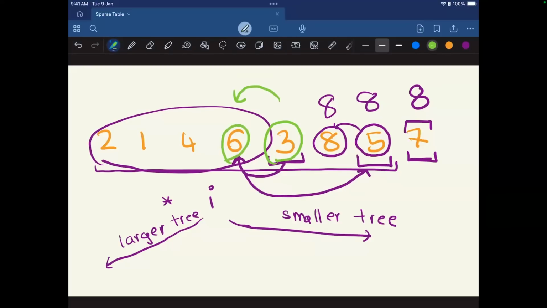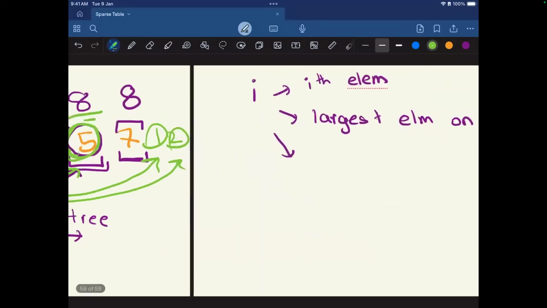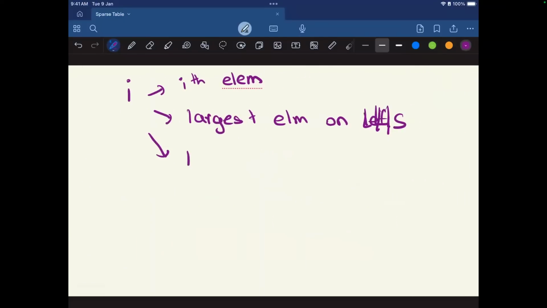Then, let's say there was a 1 here, a 2 here, and so forth. We checked for all possible values that are smaller than 6. We have 5, we have 1, we have 2. What is the maximum possible answer we can have? So guys, for 6, we could have gone to 5. And for 5, we already know what the answer is. So what did we do? We went to the largest element on LHS.